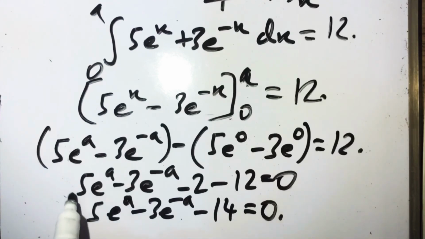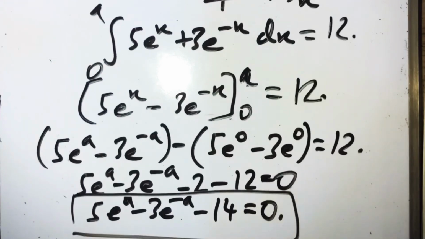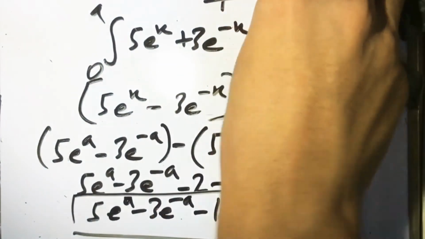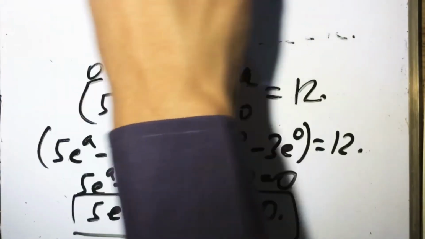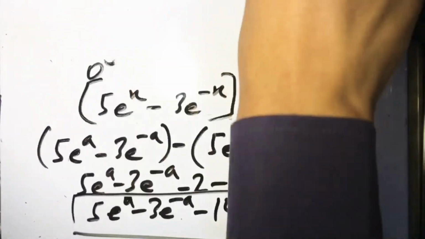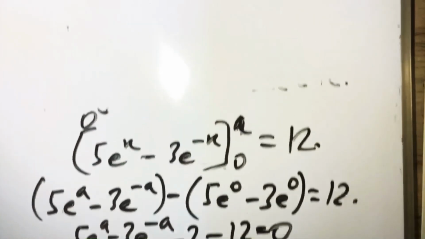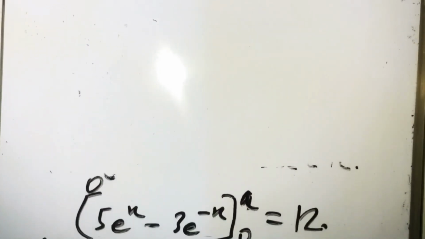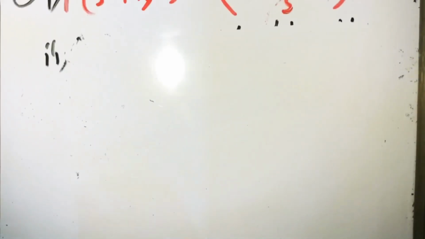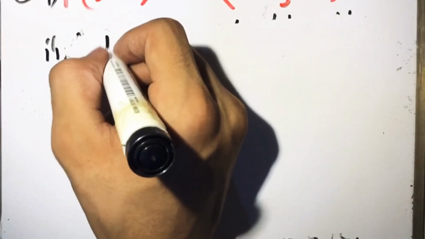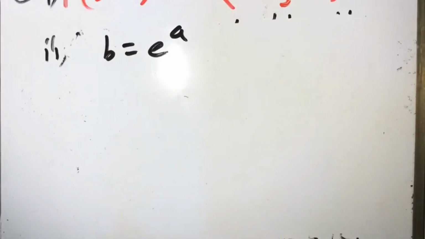Now we have this equation. We'll use this equation to find the value of a. For that, we'll take a substitution. Suppose b equals to e to the power a.